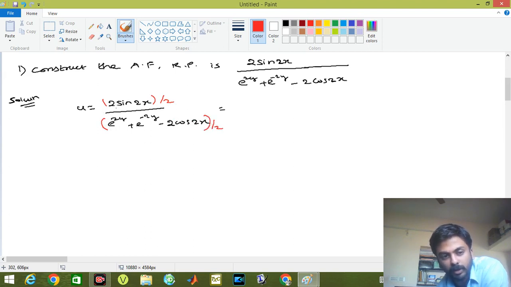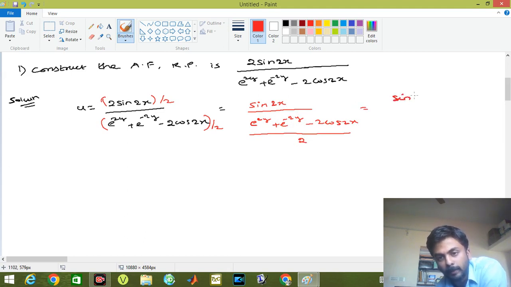So it will imply our u to be sin 2x divided by (e power 2y plus e power minus 2y) by 2 minus 2 cos 2x by 2, which will become cos 2x.